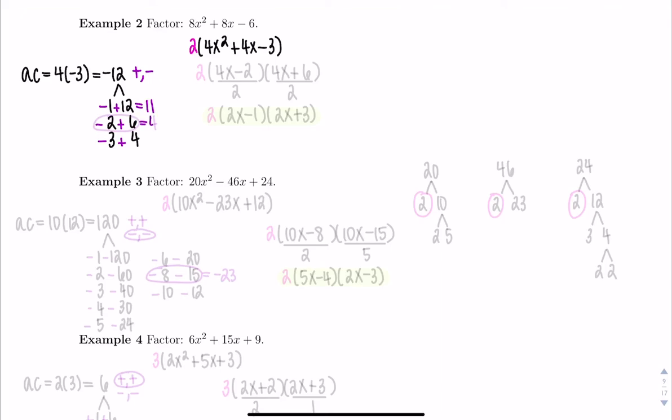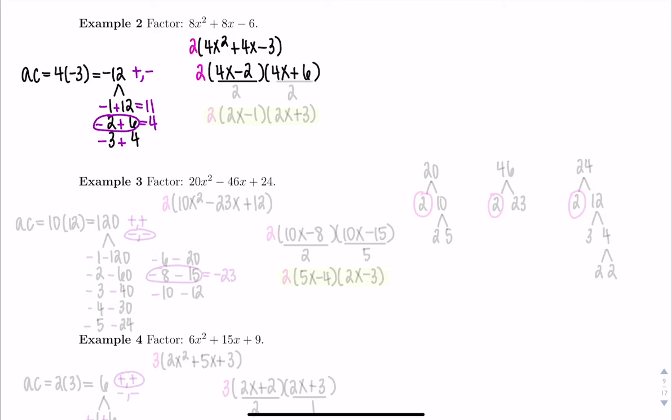In the second case, we get positive 4, which is what we were looking for. And so we go ahead and bring that 2 down, and we set up our parentheses just like the last one. The 4 gets brought down into both, and we split the x's, and we have a -2 and a +6.